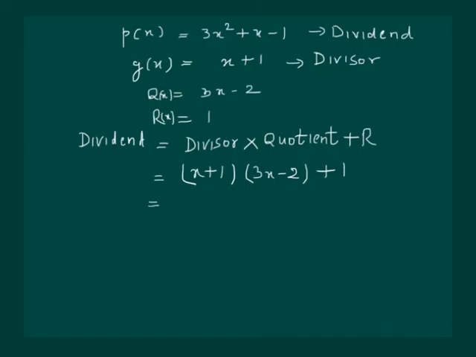Now let us solve it further. We get x into 3x as 3x square, minus 2 into x gives us minus 2x, plus 1 into 3x is 3x, 1 into minus 2 will give us minus 2 and plus 1.